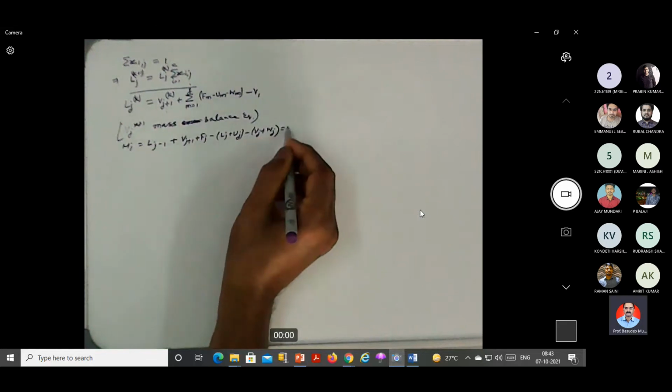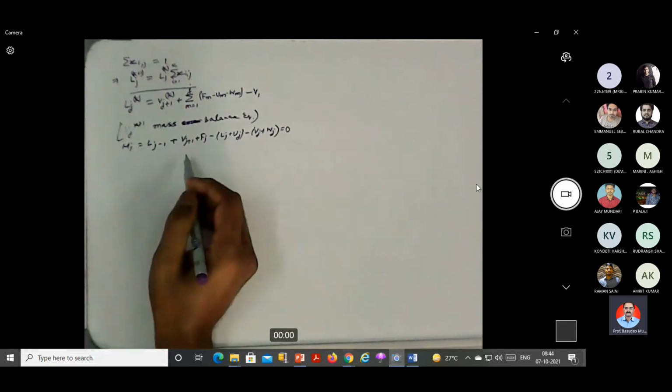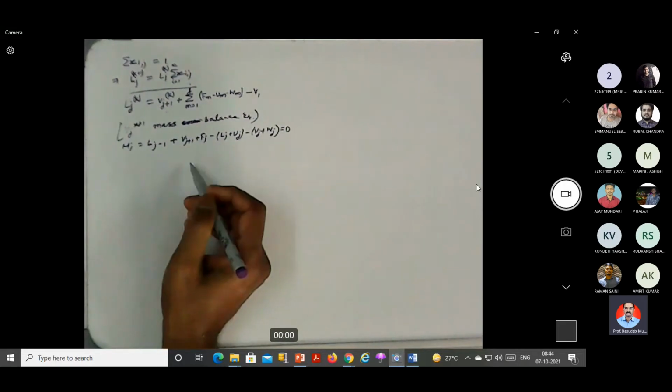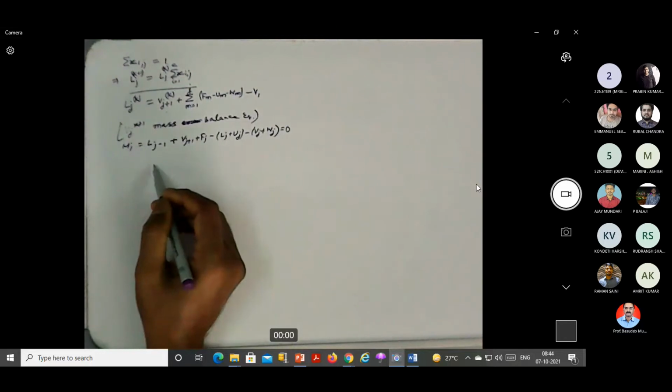This is equal to 0, right? Now from here we can find out the expression for Vj. Now this is the jth stage mass balance equation, right?